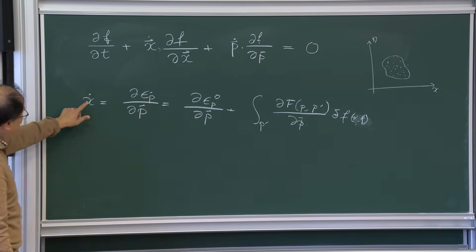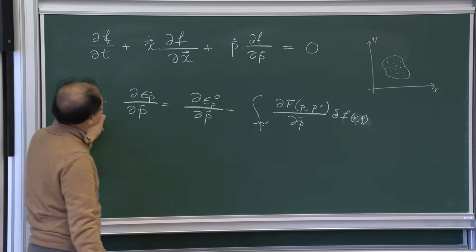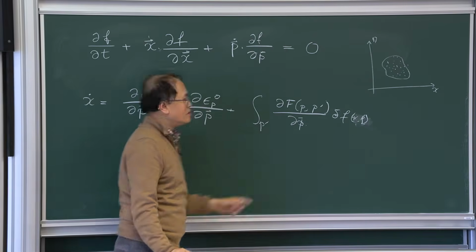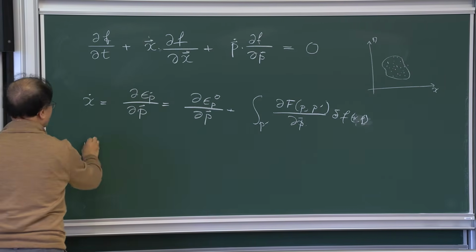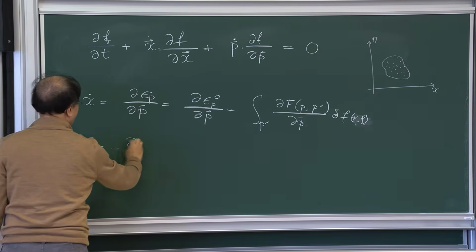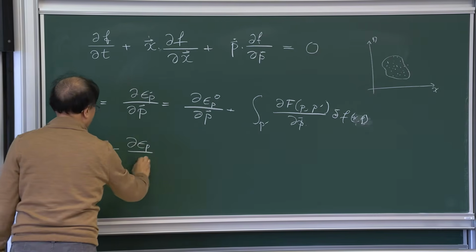I'm just emphasizing that this x dot is not trivial. It also depends on the distribution function, and p dot is equal to minus the derivative of epsilon p over x.